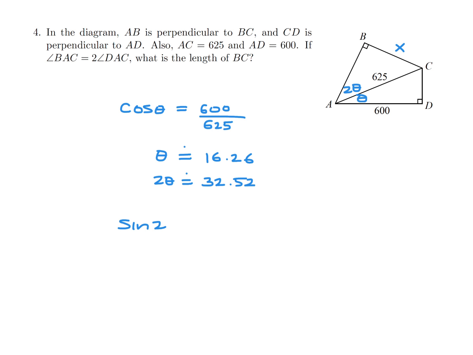So the sine of 2 theta would be x over 625. And therefore 625 times the sine of 32.52 is x. And then you crunch out these numbers. And when you do, you should get exactly 336.